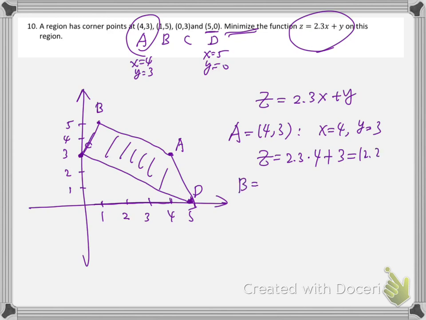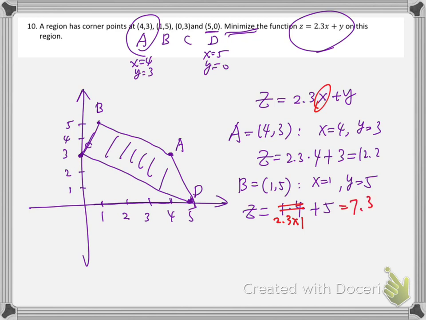For B, 1, 5: x is 1, y is 5, so each time you just replace x. z is 2.3 times 1 plus 5, so we get 7.3.